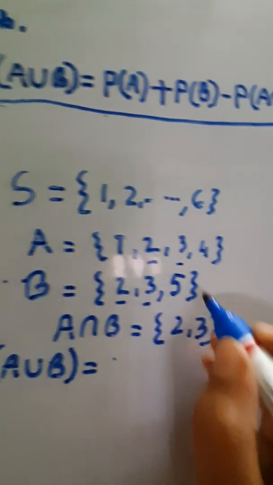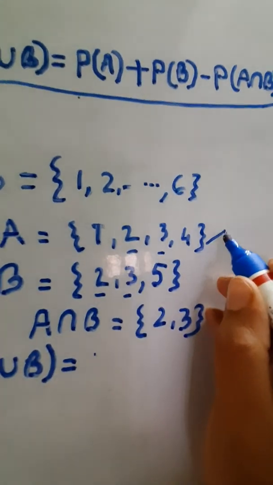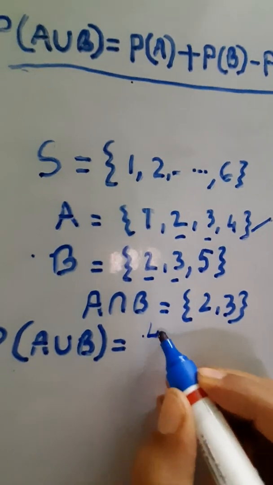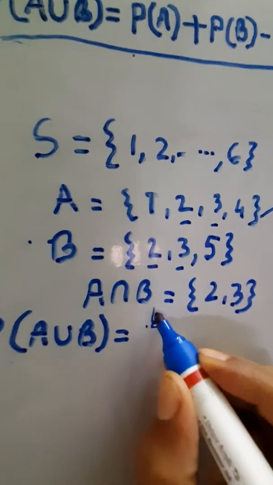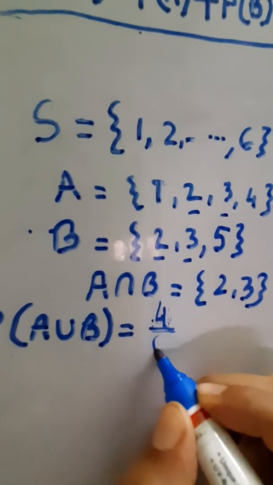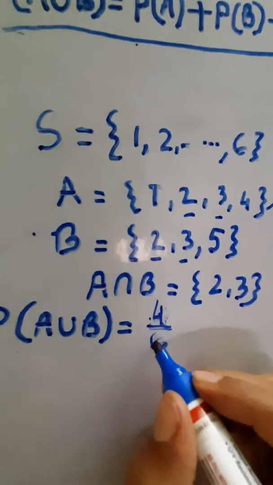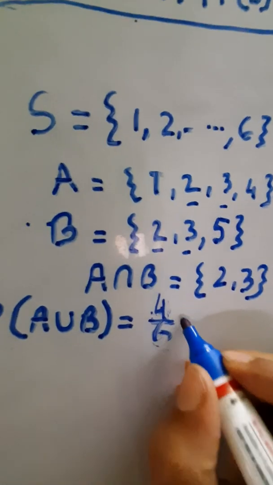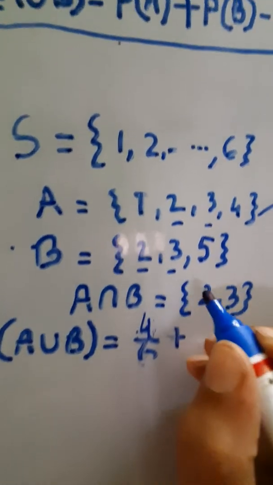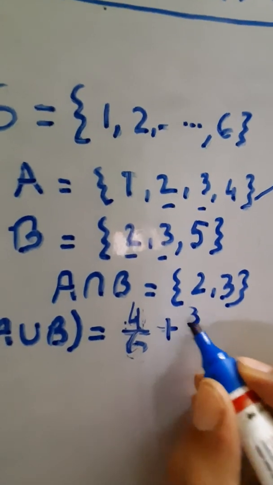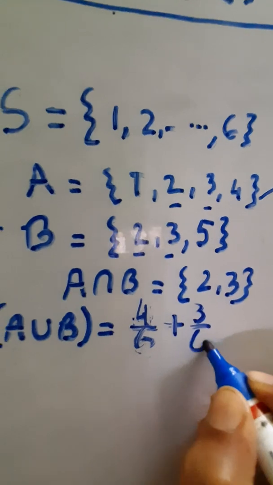Here P(A): there are 4 outcomes out of 6. So that will be 4 by 6. It is easy to understand: 4 are favorable out of total 6 mutually exclusive, exhaustive and equally likely events. And probability of B, there are 3 outcomes in favor of the event B, so that will be 3 by 6.